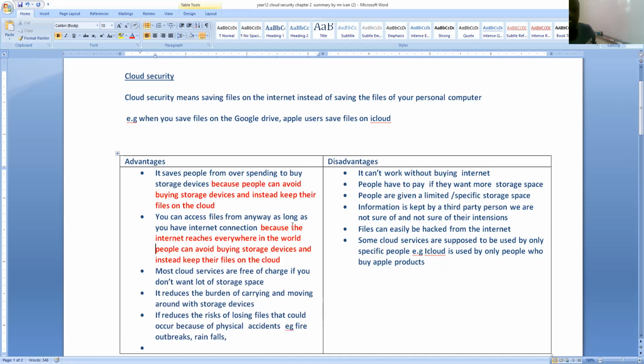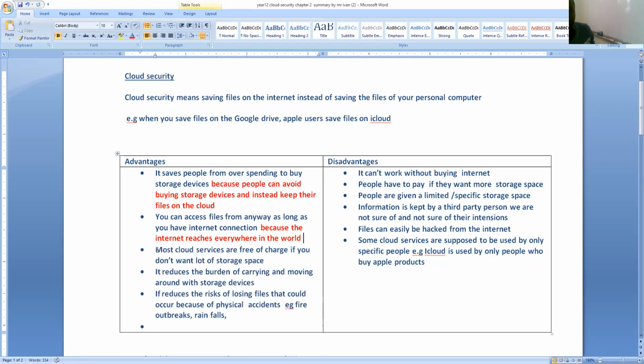So you can access your files from anywhere, which is another good thing. If you kept them on a flash disk, you could only access them where your flash is. Or if they're on your laptop, you have to go to your laptop and get them. But if you're on the internet, you can get them from anywhere.